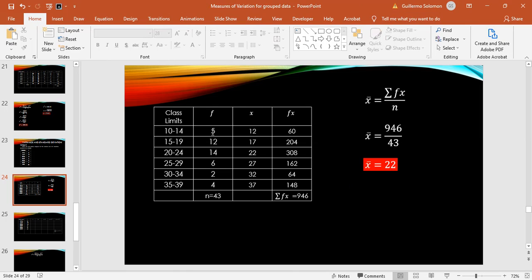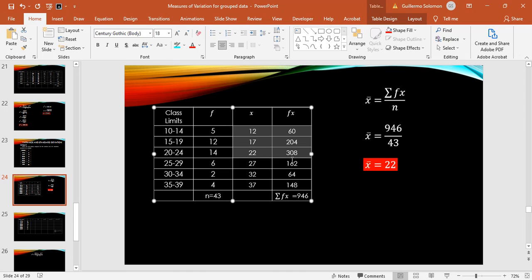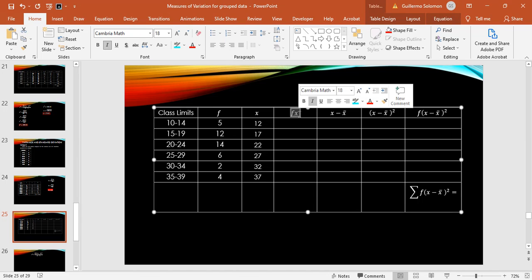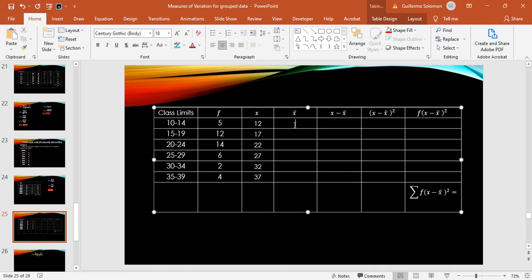Ngayon, copy-paste ko lang itong class mark dito. Okay. And dito lalagay ko si mean, which is 22. 22, 22, 22, 22, 22. Kasi sa step 5, we are going to subtract yung mean from the class mark. Okay.